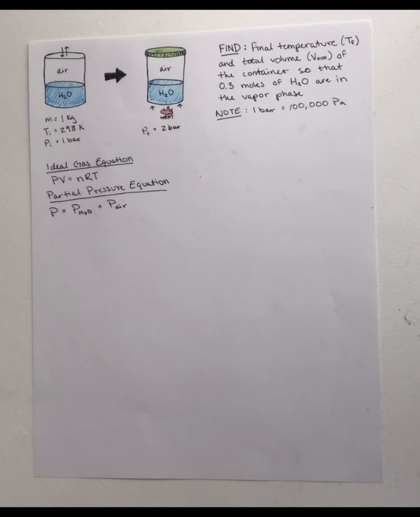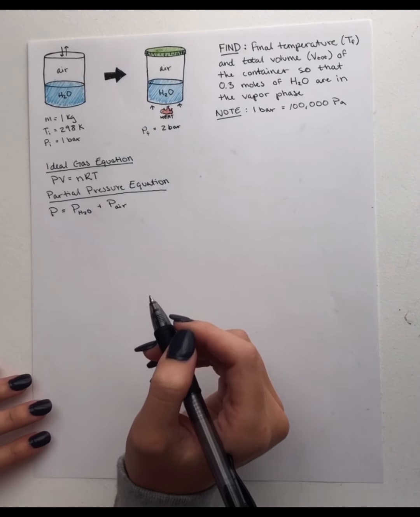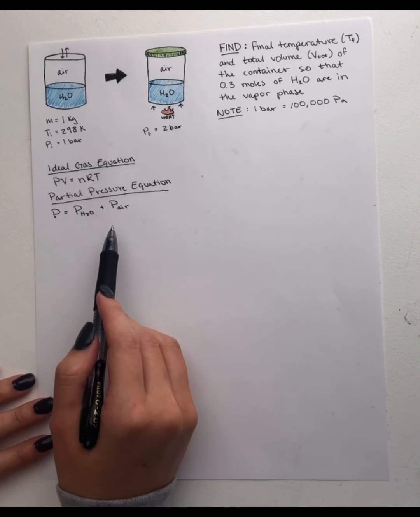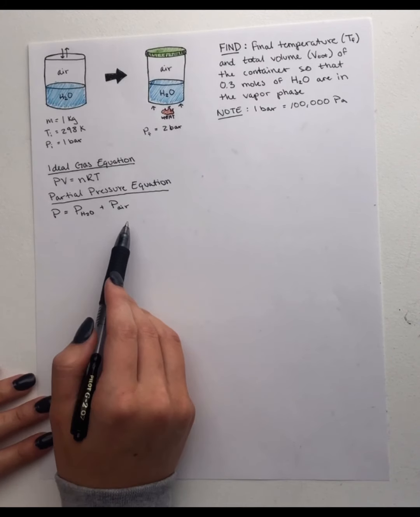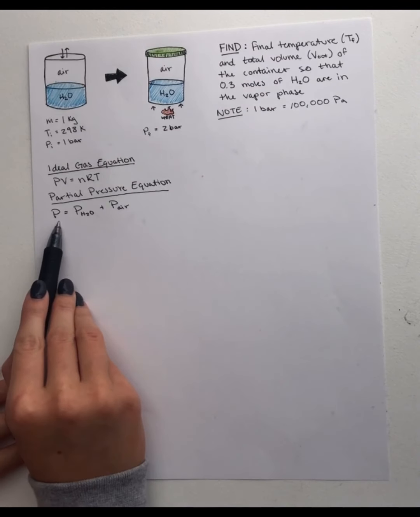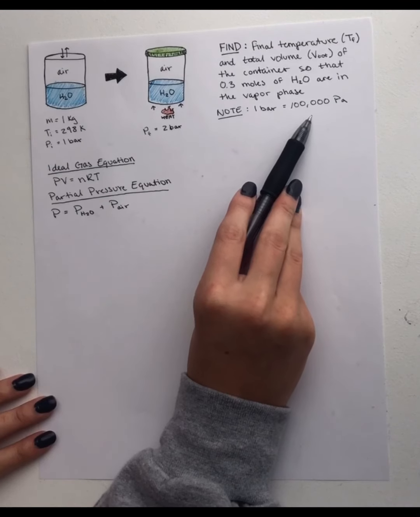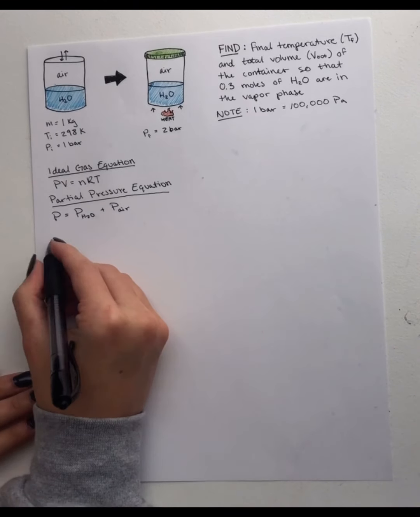So what we're going to do is rearrange these two equations to be able to solve for final temperature and total volume so that we have 0.3 moles of water in the vapor phase. We'll start out with the partial pressure equation, and we know that we want this pressure to be equal to 2 bar or 200,000 pascals.